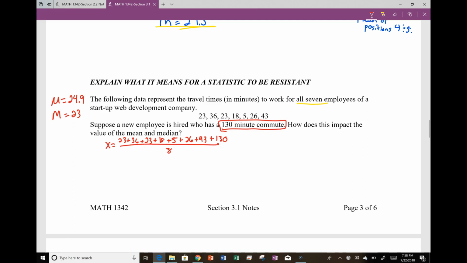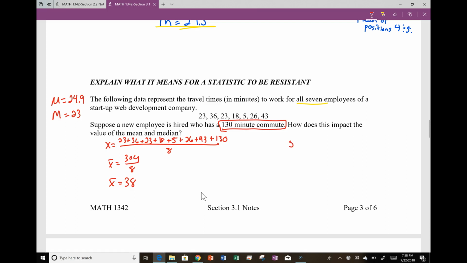I'm going to divide by 8. I get 304 divided by 8, so my new mean is 38 minutes. There's quite a bit of difference between the original mean and this mean. Let's look at what happens to the median.